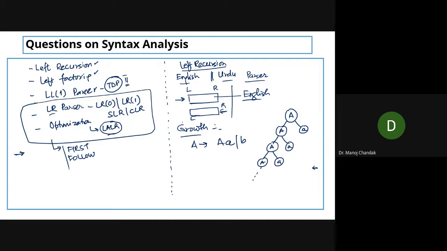In English, your sentence must grow in the right direction. And if the sentence is growing in the right direction, the parse tree should also grow in the right direction. This is permissible in Urdu. So this phenomenon is called left recursion.